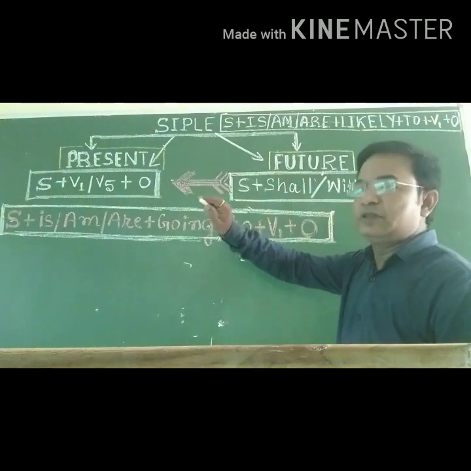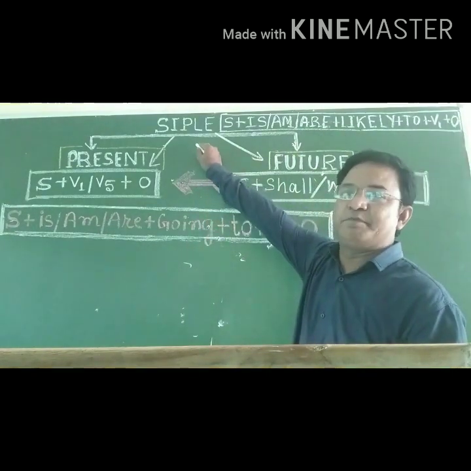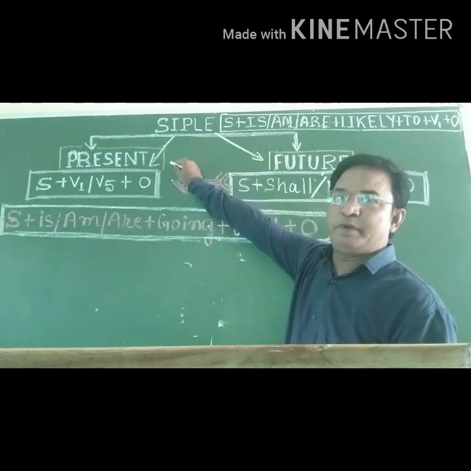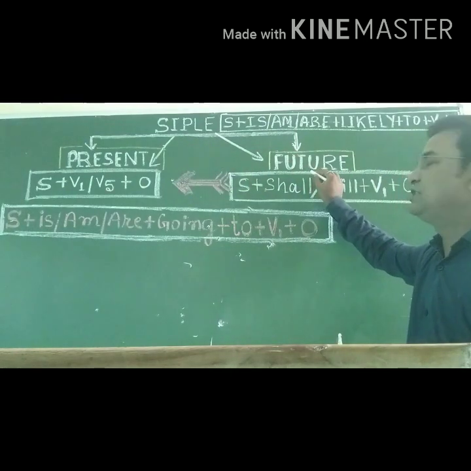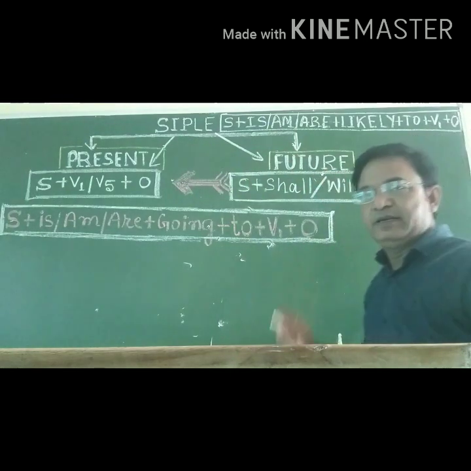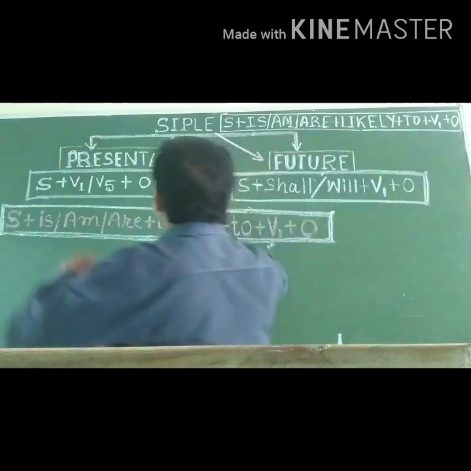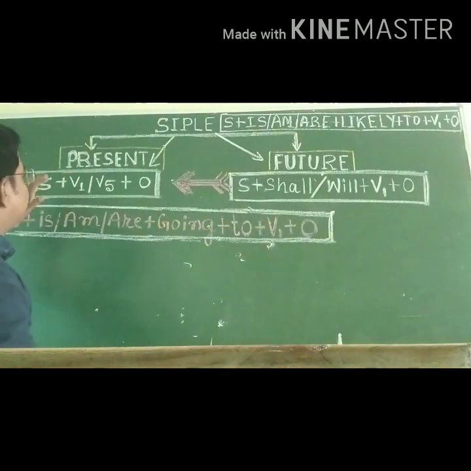Right on the top of the board you are watching simple present here, and simple future here. So, we have the structure of simple present tense. This is the subject, which comes in the first place of the sentence.